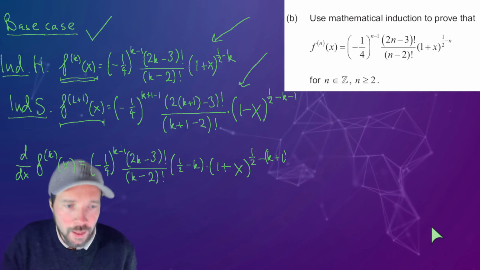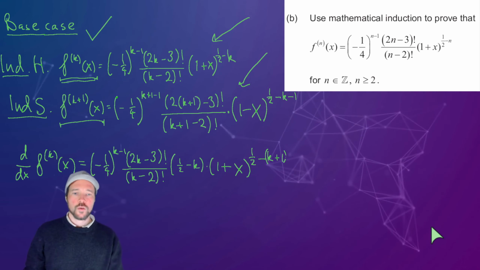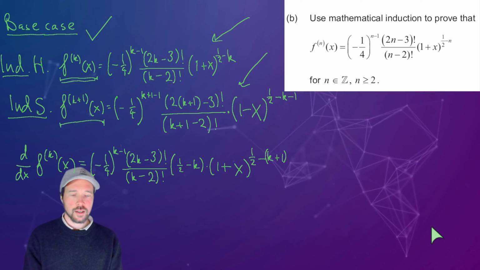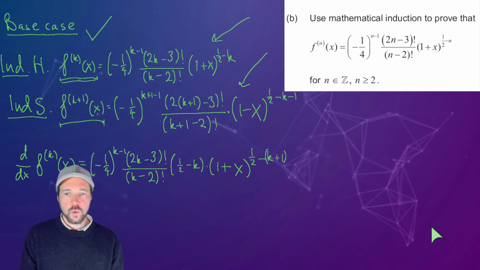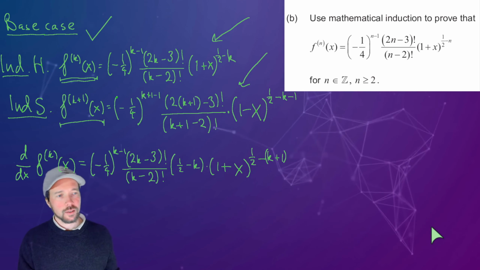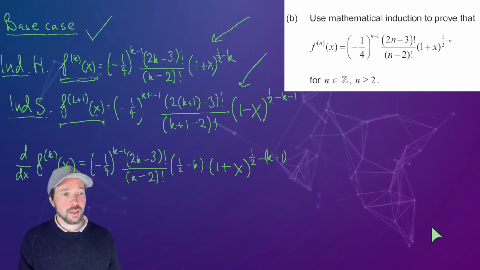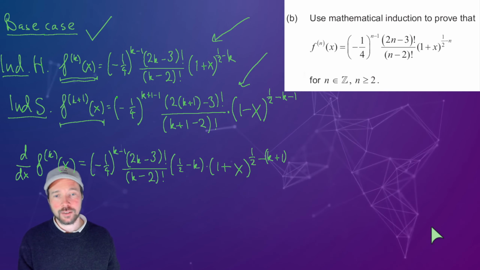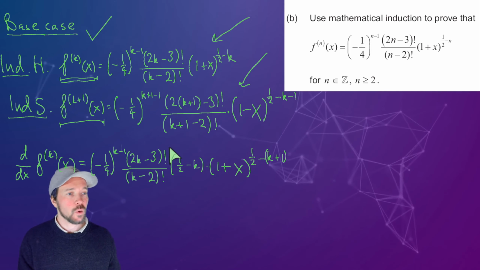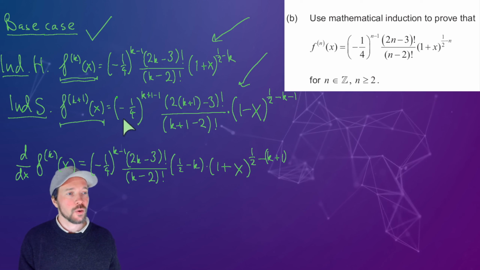Okay, how do we show that this thing equals this thing? Here's how. That's my first idea anyway, but I did it and it turned out to be alright. So now I'm going to show you.